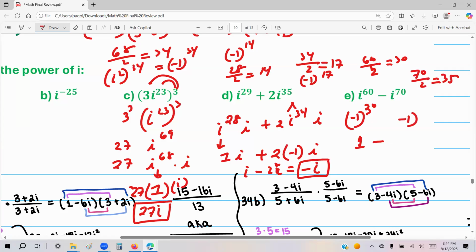So if you have negative 1 35 times, you have negative 1. So what's the answer? 1 plus 1? Sure. They're even numbers. Even numbers get 1 or negative 1. Odd numbers get i or negative i.